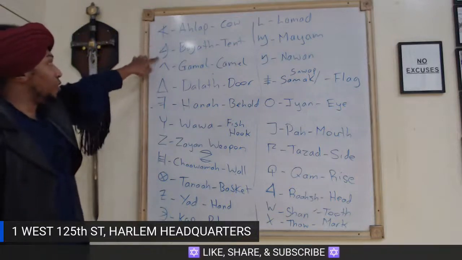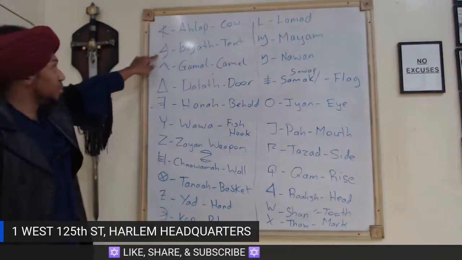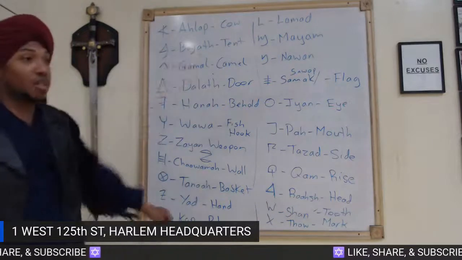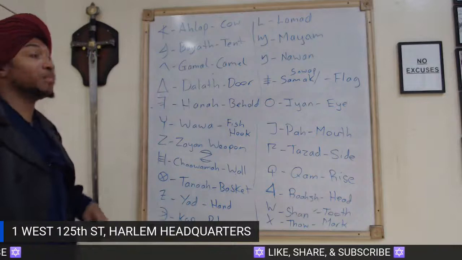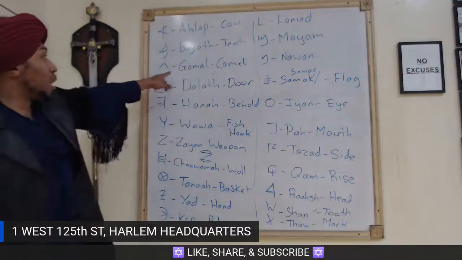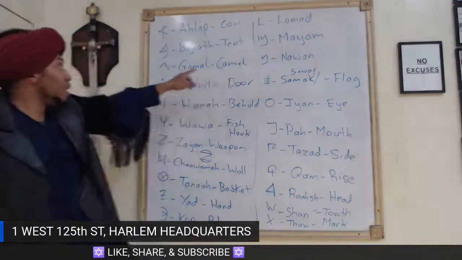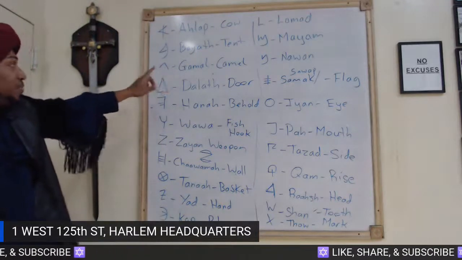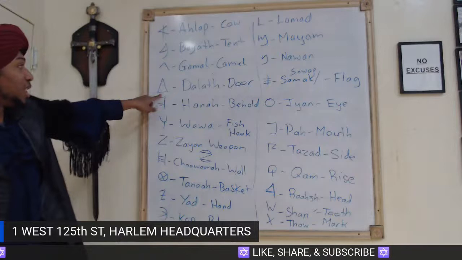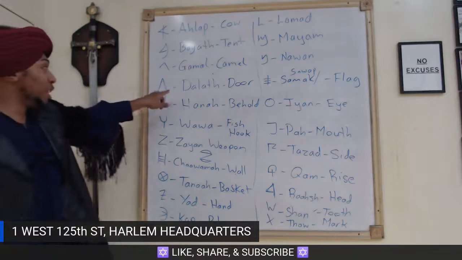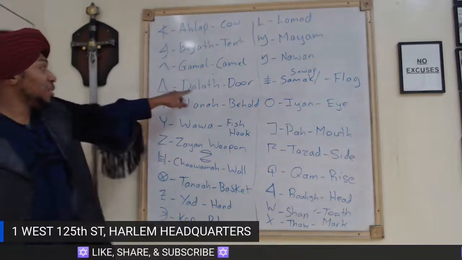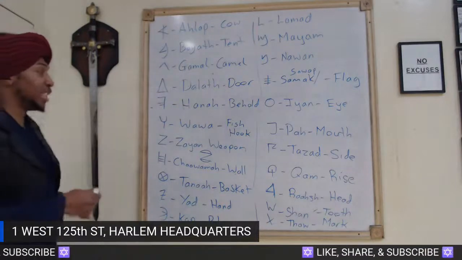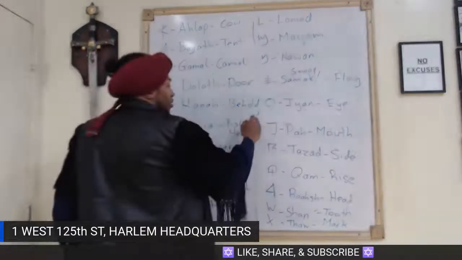This is a figure of a tent, with the tent on the ground, and you get the foundation going under the ground. Every house has to be built with the foundation. Gamal, or camel, represents the hump on the camel's back in the air. Now this da is very key. This da was the lock, the opening of the door of the tent. So the tent will be drawn like this.